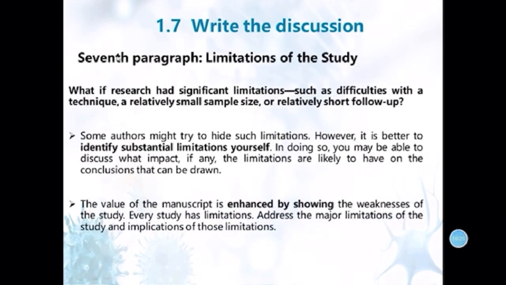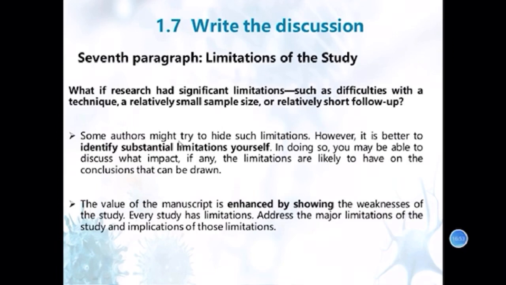For the seventh paragraph, you should show some of the limitations of your study. What if your research has significant limitations, such as difficulty with the technique, a relatively small sample size, or relatively short follow-up? You should also provide them here.